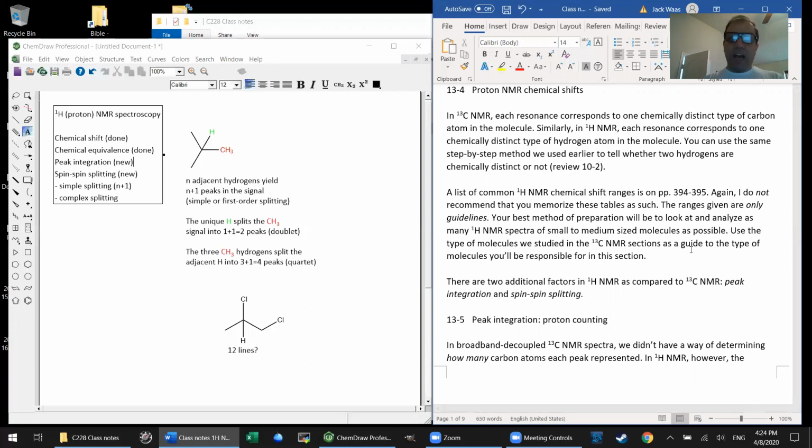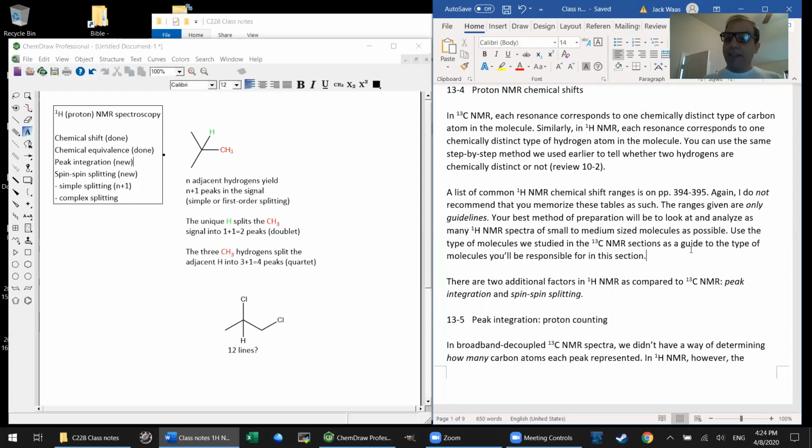I do not recommend that you memorize those numbers, not to mention that for us in spring of 2020, the exam will be open book anyway, so I doubly see no reason to do that. But I don't even know how helpful it'll be to look at that correlation table very much. Those ranges there are only guidelines. They're just an idea of roughly where chemical shifts of that type show up most of the time.